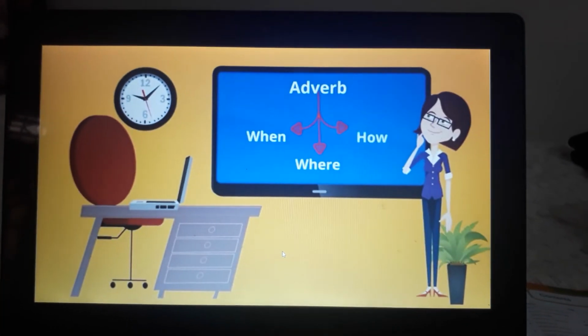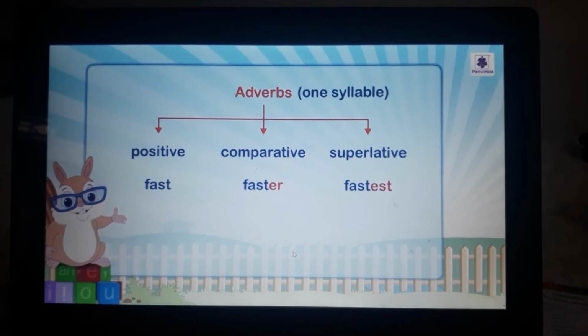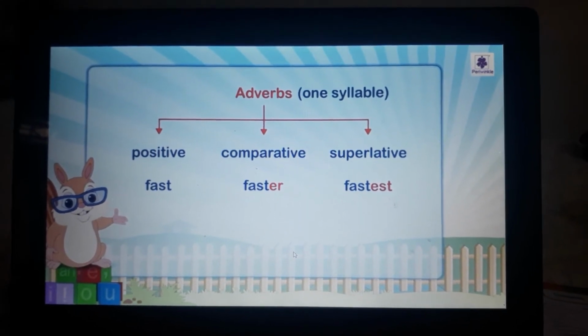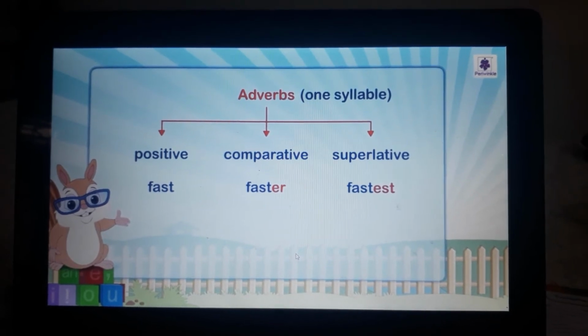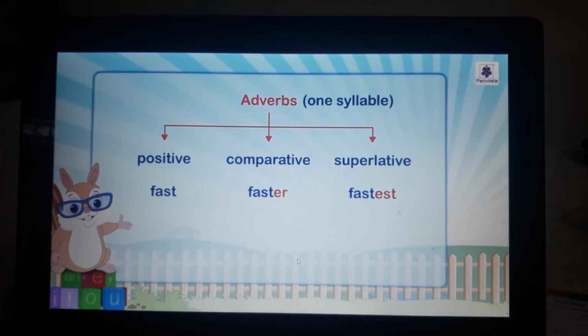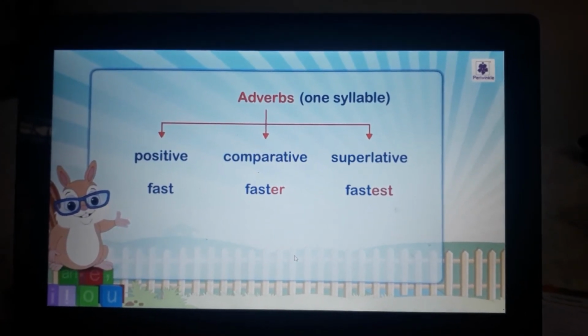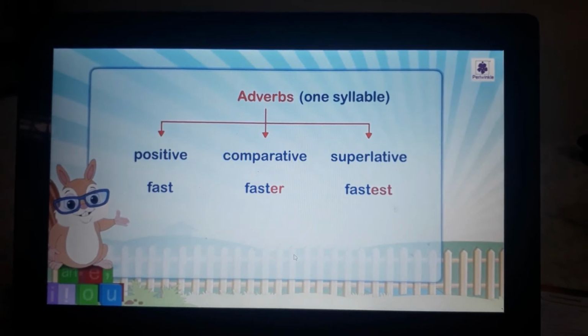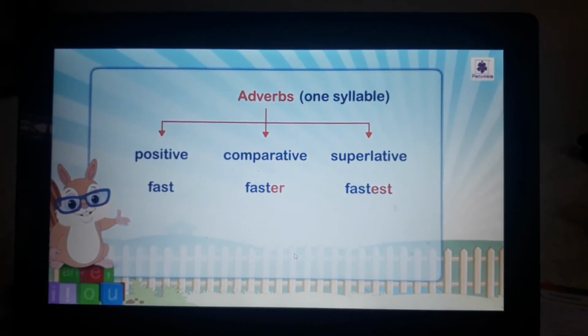Okay, then we have studied about positive, comparative and superlative degree. For one syllable like fast we are using er and est. Those adverbs which are single syllable and don't end with ly or ily, we are using er and est for that.